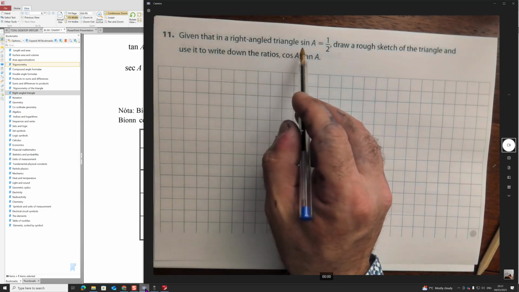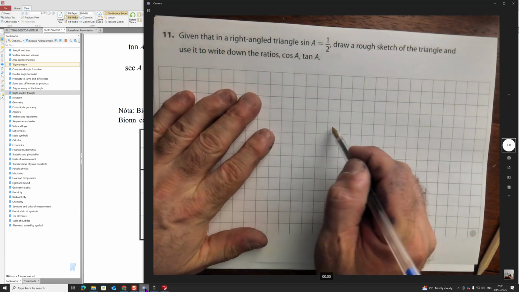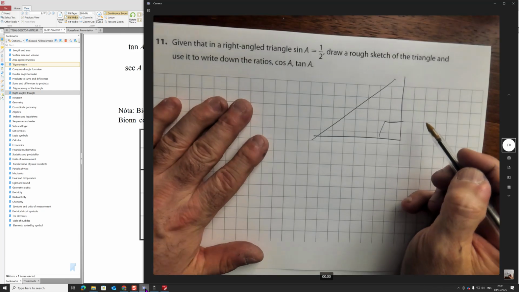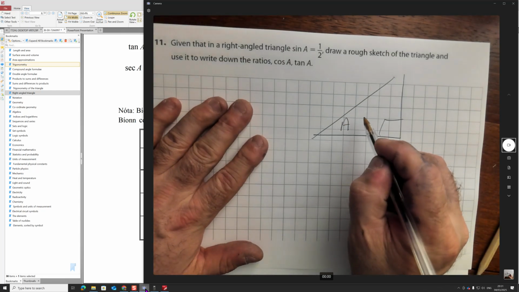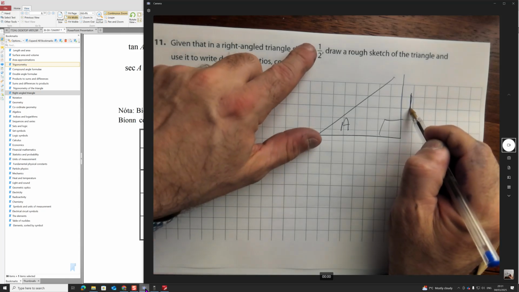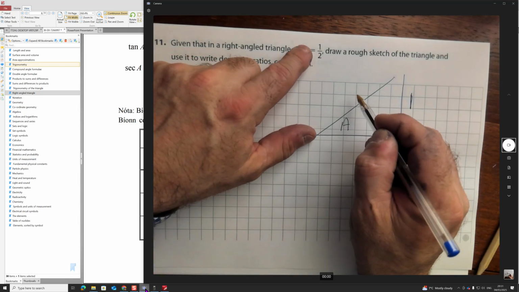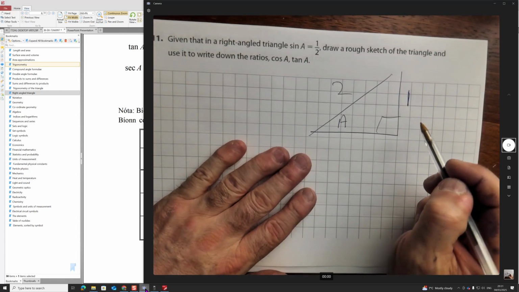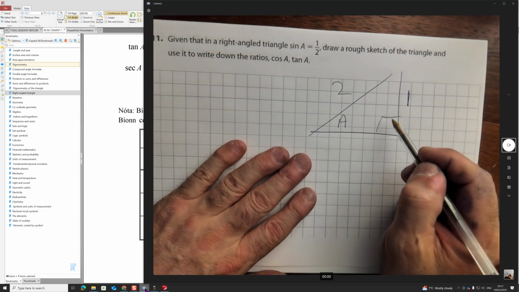Okay, question 11. Given that in a right angle triangle the sine of A is a half, so they become flippantly easy after a while. Because you're going through a process of putting A here, you're saying, I know I have a 1 opposite me, and I know this is the hypotenuse. So 1 is the opposite, 2 is the hypotenuse.